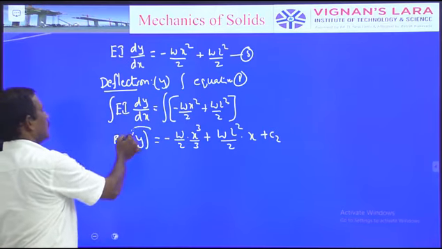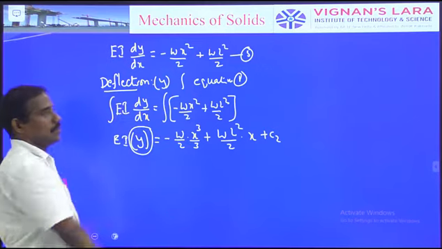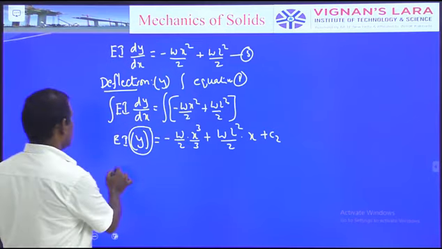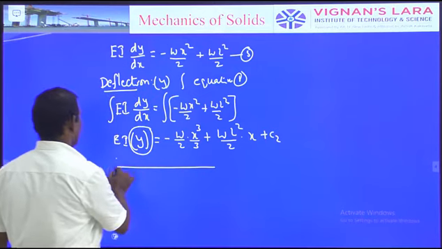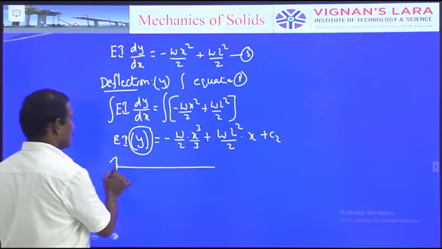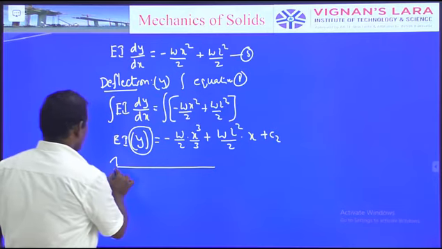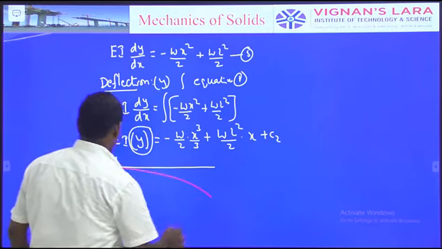What about the boundary condition? What about the deflection at A? Let us see again. This is a cantilever beam as usual. This is the initial position, the new position, and this is the deflected curve.